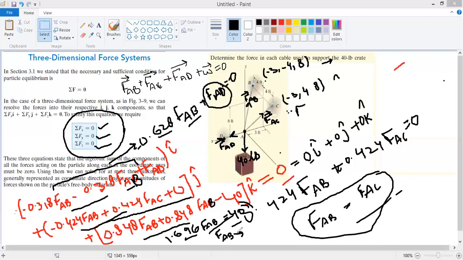So on solving, we have obtained the value of FAB, FAC, as well as FAD, the forces acting in the chords AB, AC, and AD. This is how we'll be solving questions based on three-dimensional force systems. Okay, thank you.